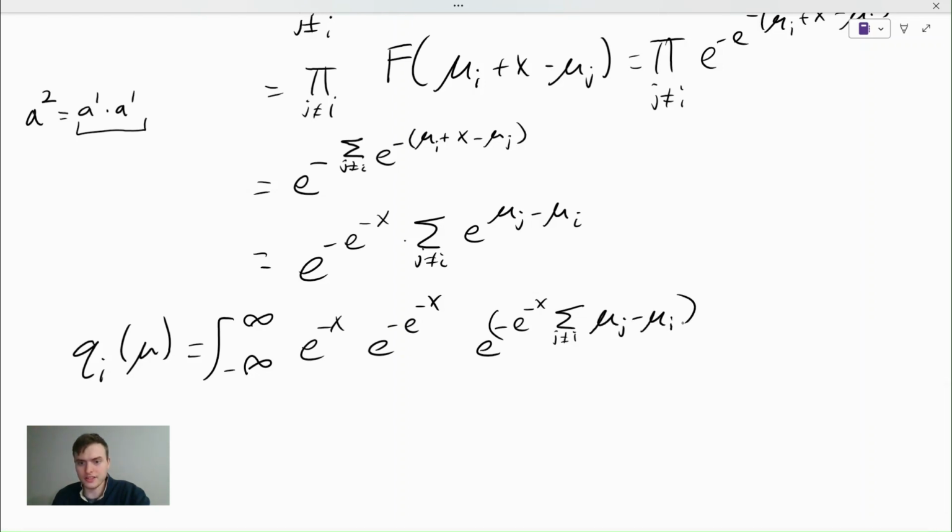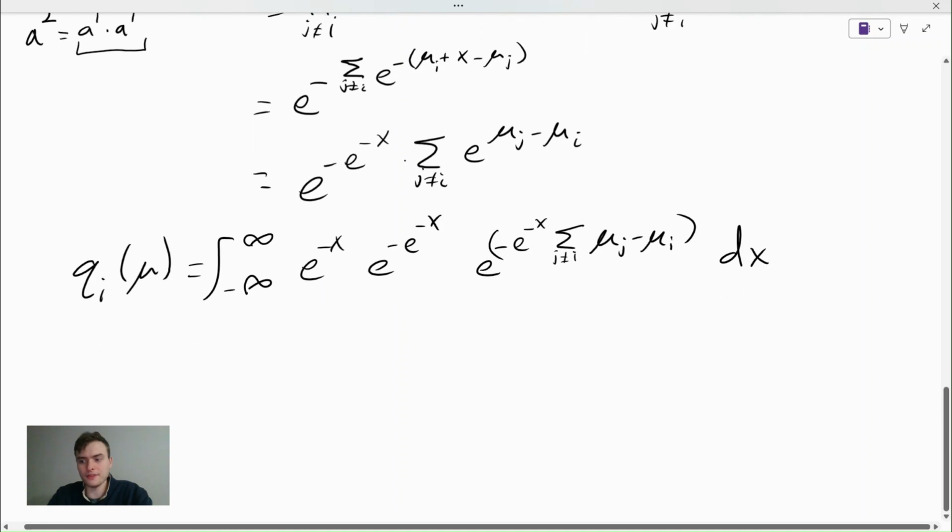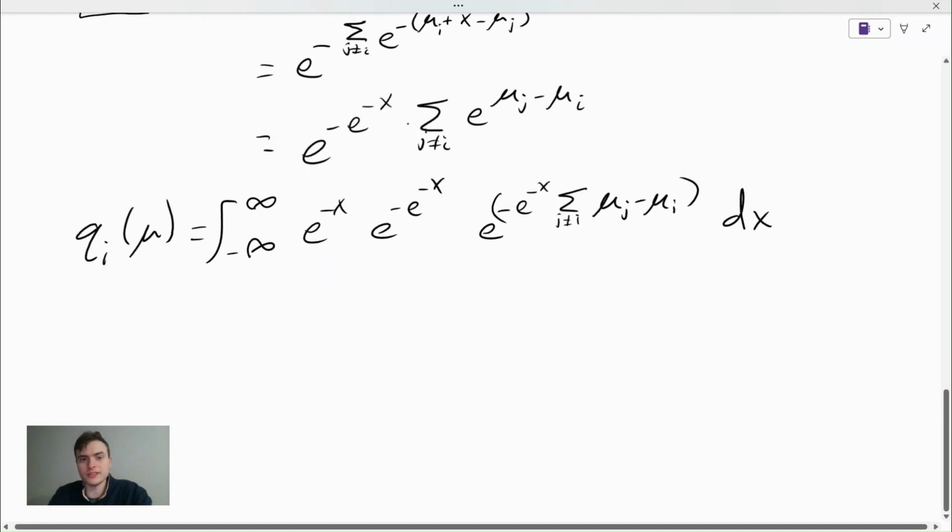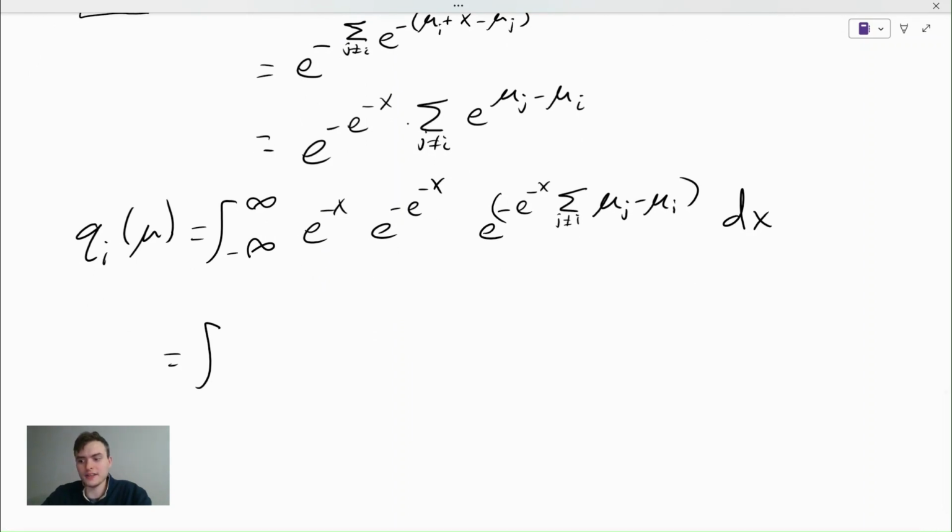Maybe I should have just done exp notation, but that's okay. We only have one more step that we can simplify, and then we'll take the integral.